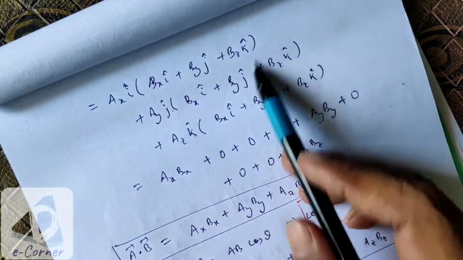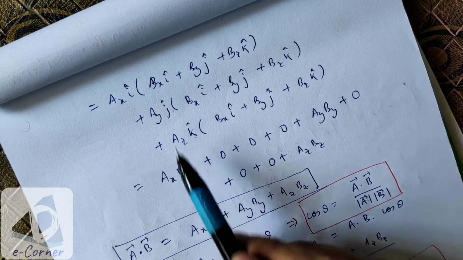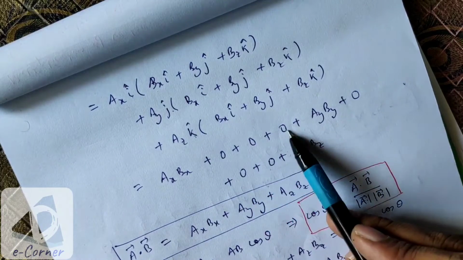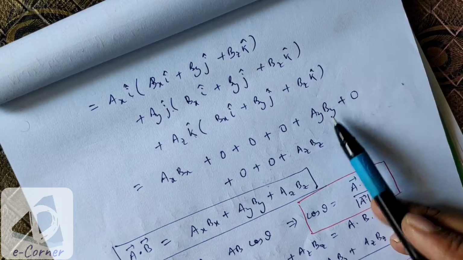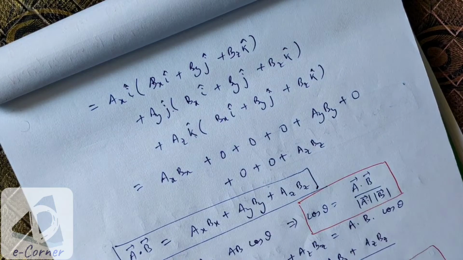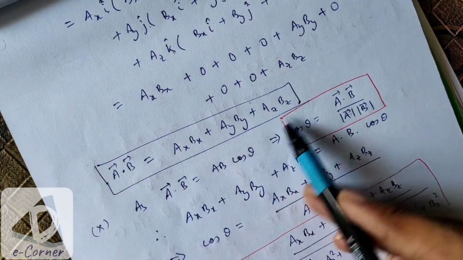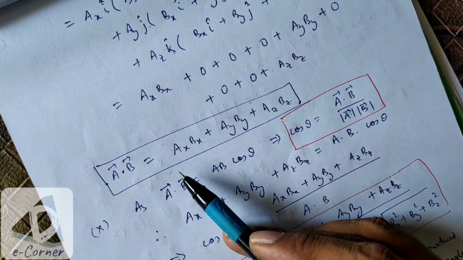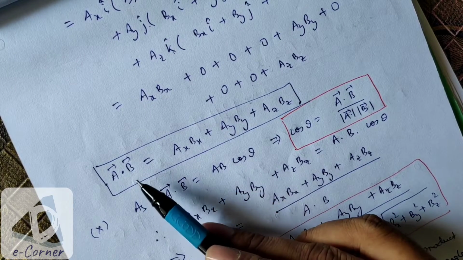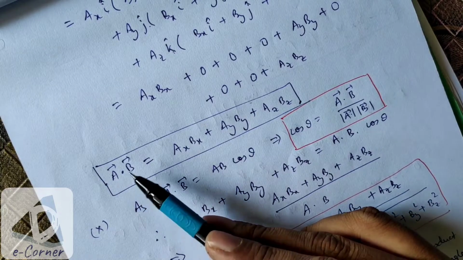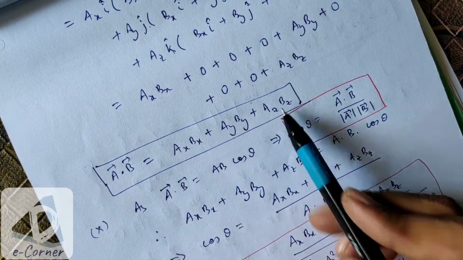After simplifying, we get Ax Bx, and all the other terms are 0: Ax Bx plus Ay By plus Az Bz. This is our last formula, and you have to learn this by heart also. When the Cartesian coordinate systems are given, we have to use this formula.